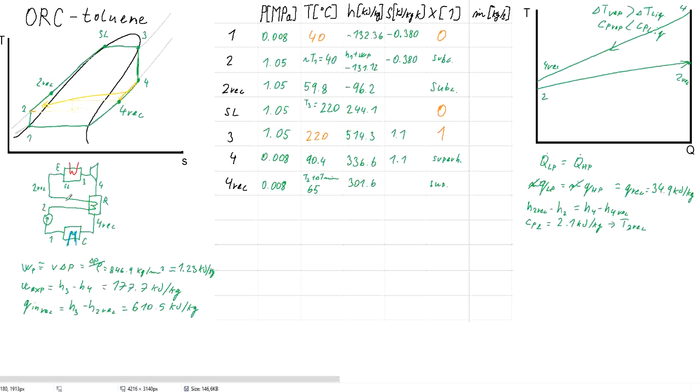If we did not include the recuperation, so if the heat exchanger just wasn't here, it would be enthalpy 3 minus enthalpy 2, which is 645.4 kilojoules per kilogram.